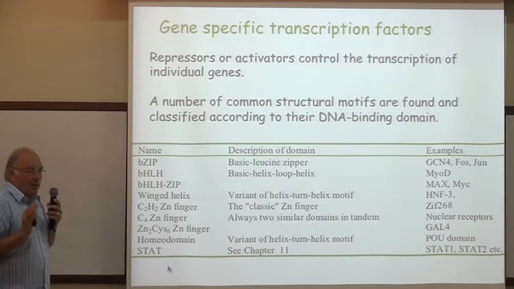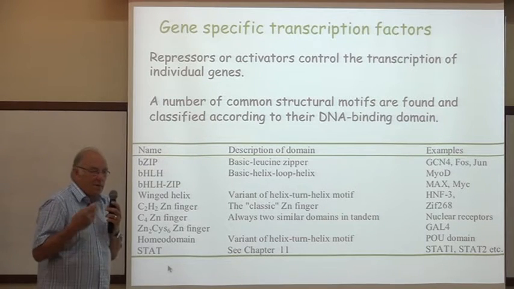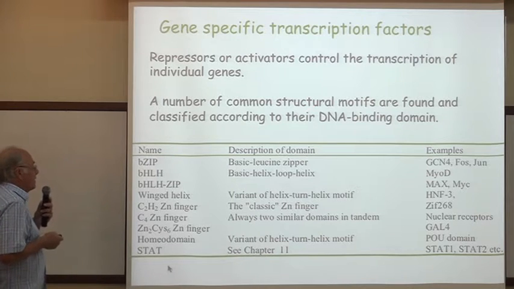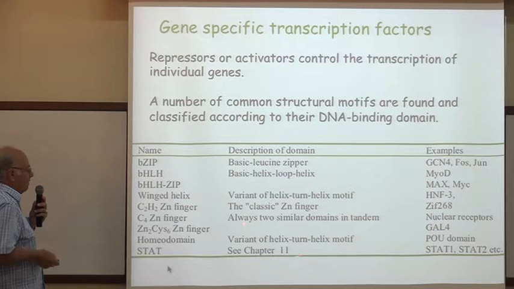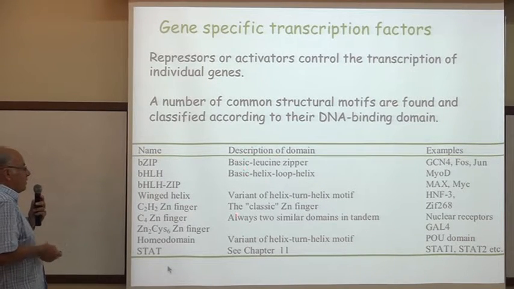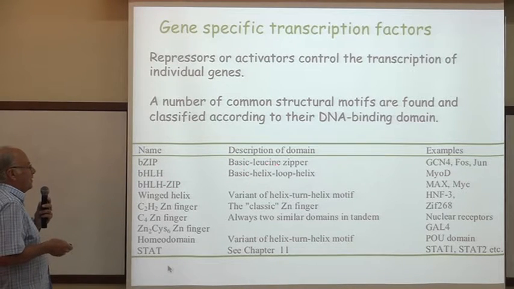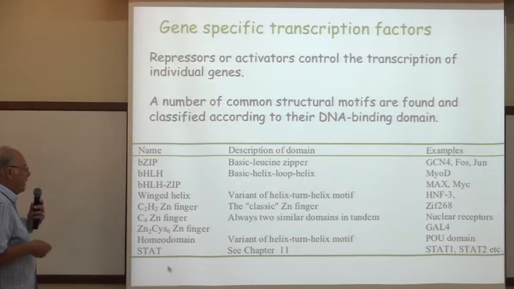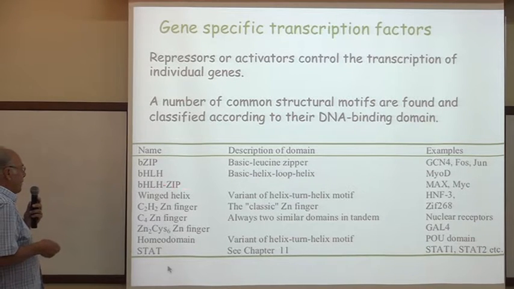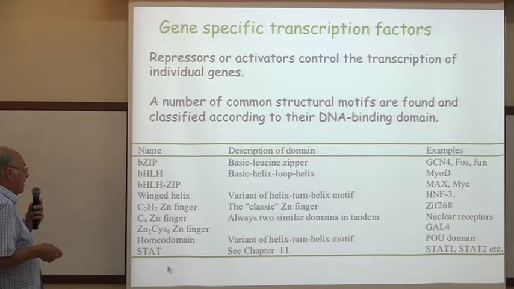And there are a number of repeated motifs that we see in these types of things. The names are given here and the description of the domain is here. So B-zip is basic lysine zipper motif. BHLH, basic helix loop helix structure. And this can be combined. Winged helix is another variant.